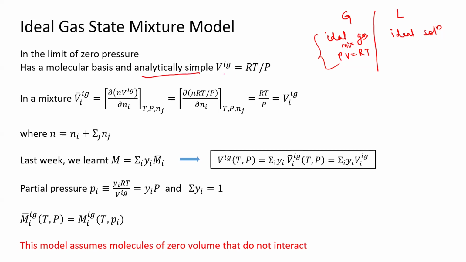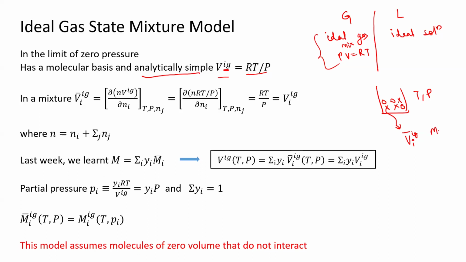So it is developed based on the molecular system, and it is analytically very simple. Here we say for an ideal gas mixture, V is RT by P. The mixture has temperature and pressure T and P, and for each component we have Vi IG bar.